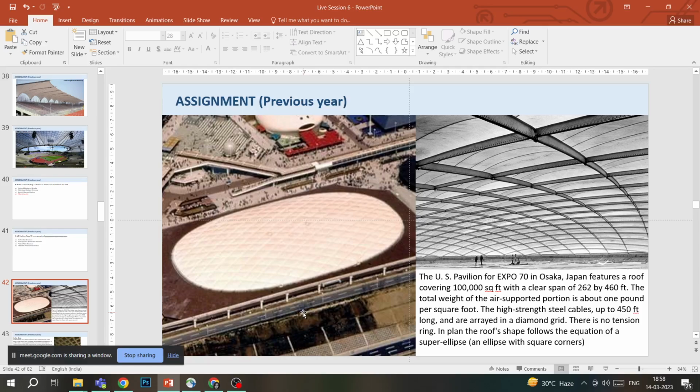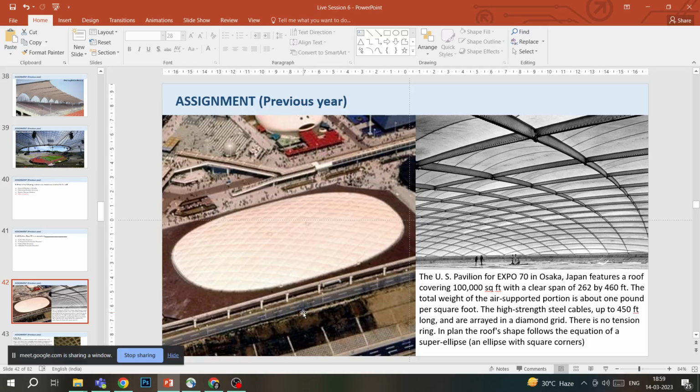High strength steel cables up to 450 feet long are arrayed in a diamond grid. So basically steel cables have been used in a diamond grid, just like we saw in tire grid structures. There is no tension ring used in this.